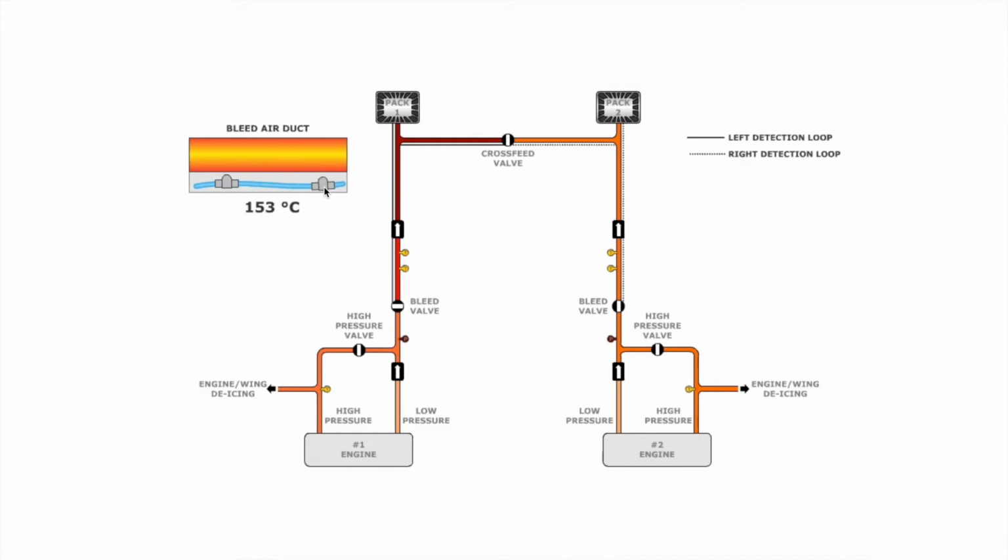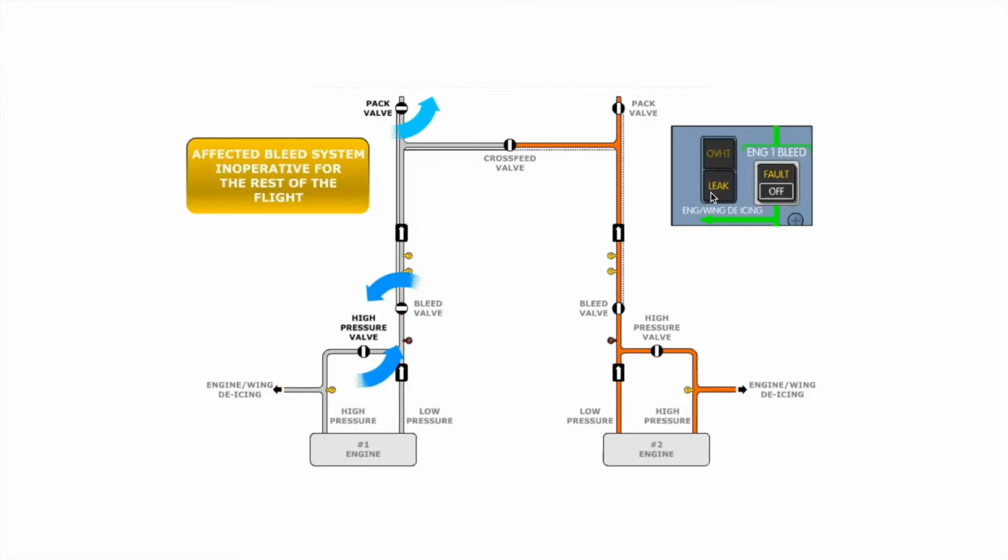When the temperature outside the duct is sensed above 153 degrees Celsius, the leak light comes up, and after 1 second, the associated pack valve, the high pressure valve and the bleed air shutoff valve shuts automatically. If the leak is detected in the left loop, then the crossfeed valve also shuts automatically.